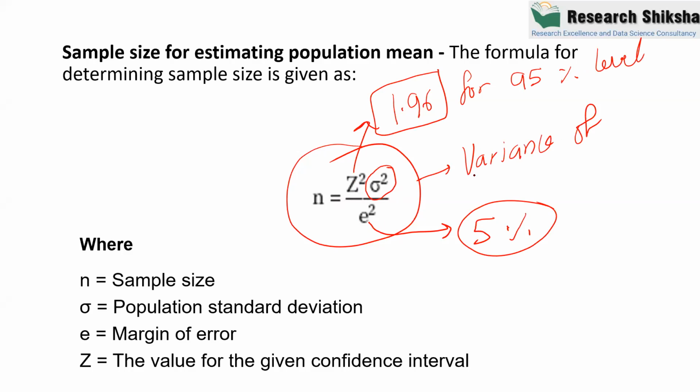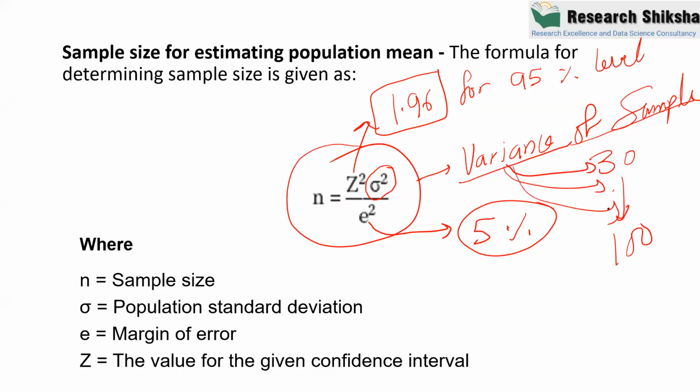Variance of the sample. Now my question is that because in a questionnaire we have 30 variables to 100 variables, this is the variance of which variable? Which variable do we take, the variance of which variable? This is my question here, and I have asked many professors which variance this is.